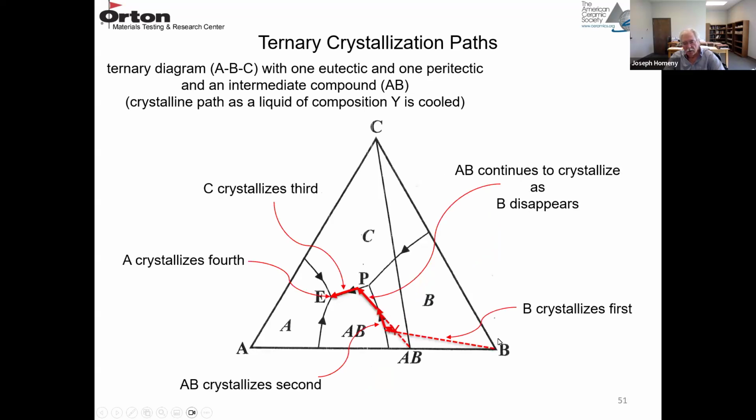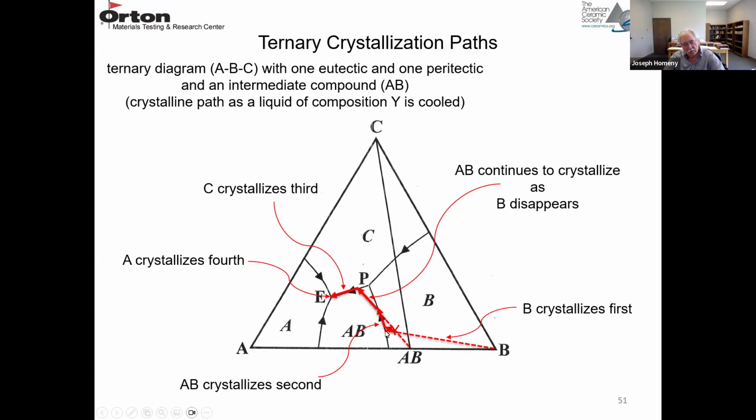So we're in the primary phase field of B. We start out with B. We draw a line through Y, and we hit this boundary line between A and B. So this little portion of the line is where B crystallizes out first.